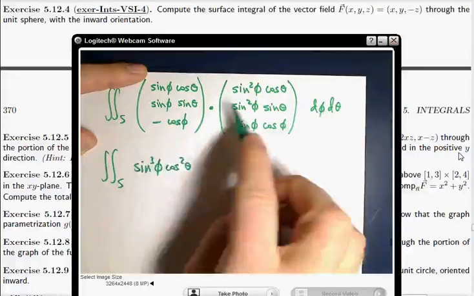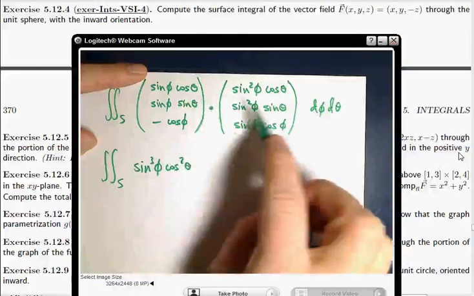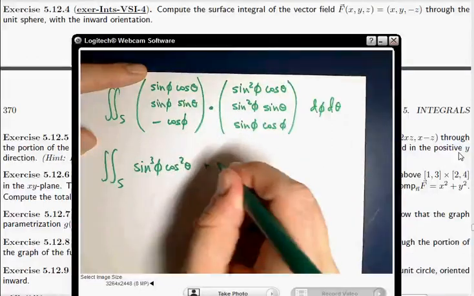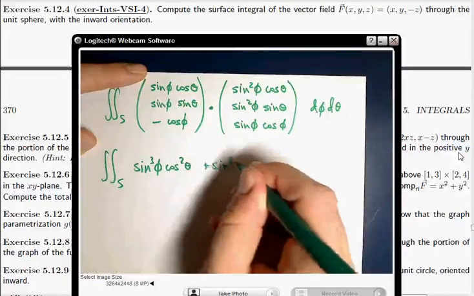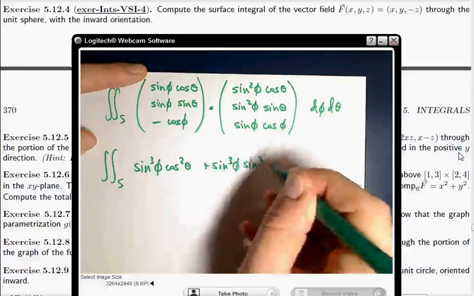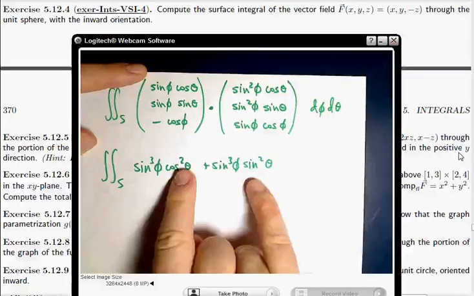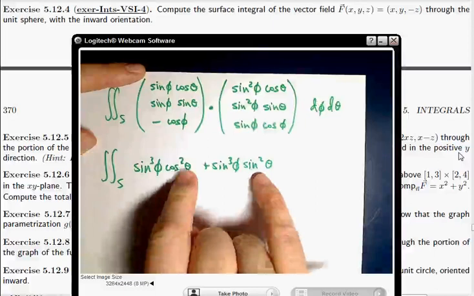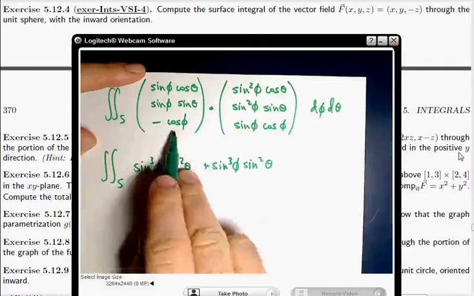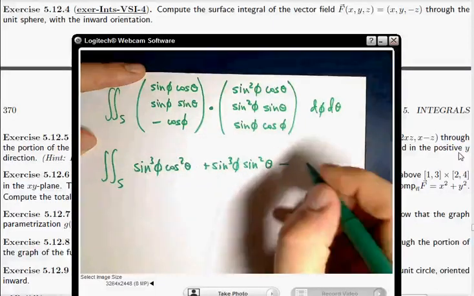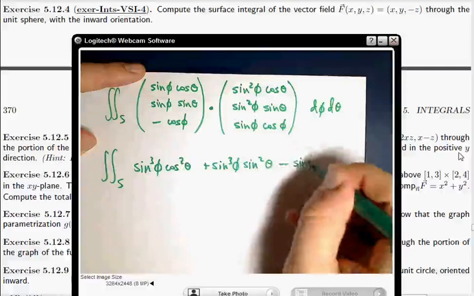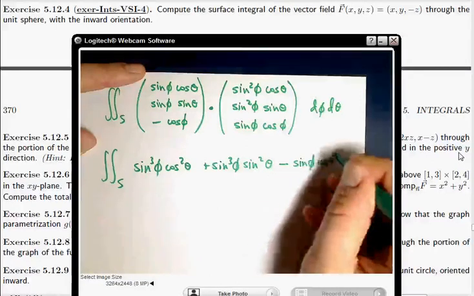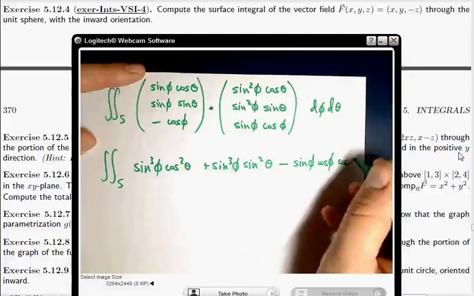And I'm going to have sine cubed phi sine squared theta. That's awesome, because the sine squared and the cosine squared are going to add up to 1. And then I have minus sine phi cosine theta.